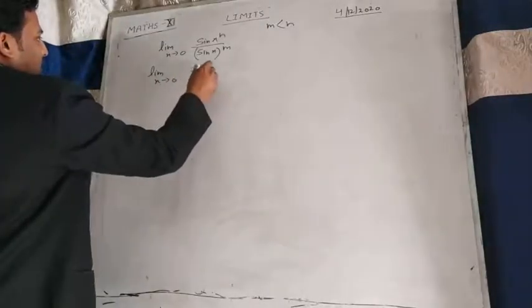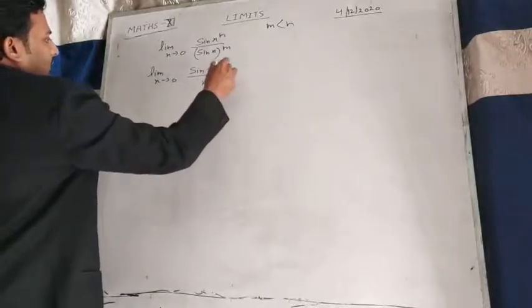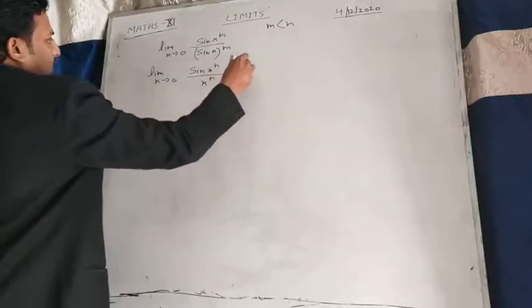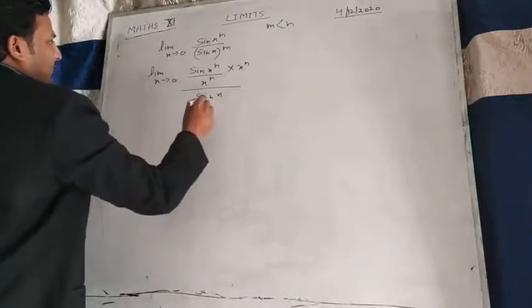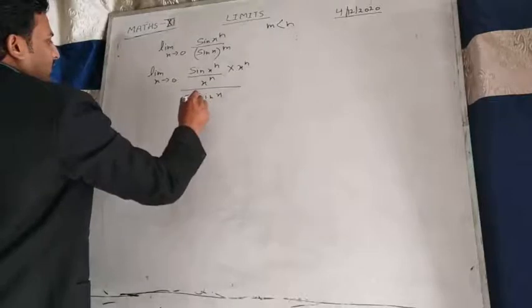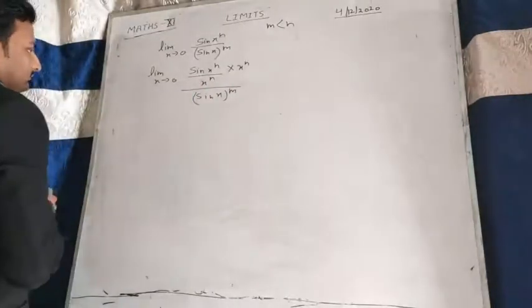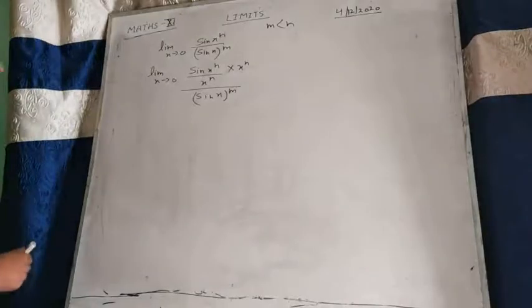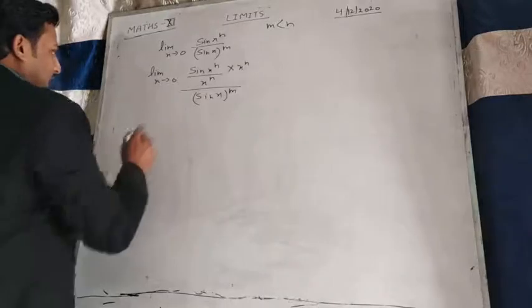First of all, we will write limit x tends to 0 of (sin x)^n by x^n, and we multiply x^n, and the whole divided by (sin x)^m. Now, students, we will separate the limit into numerator and denominator.